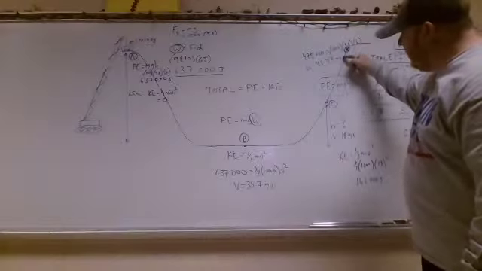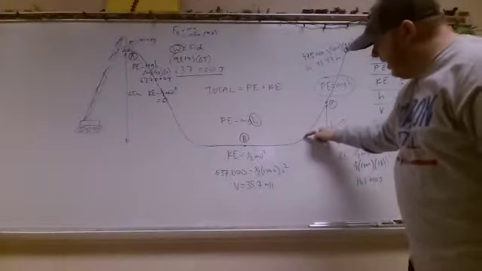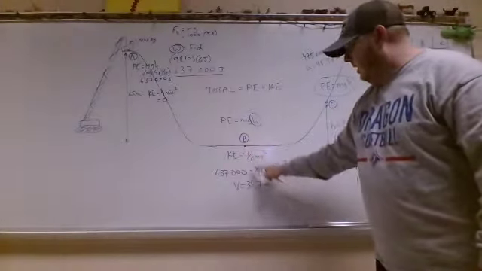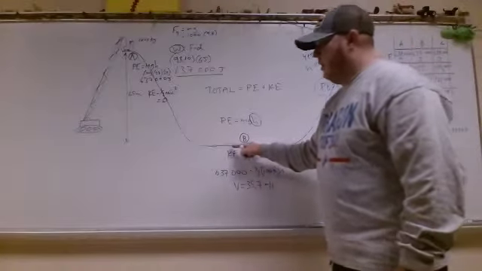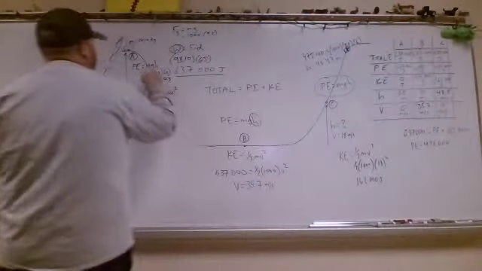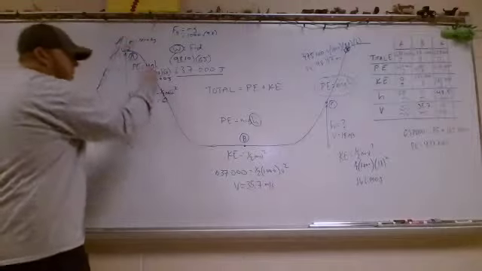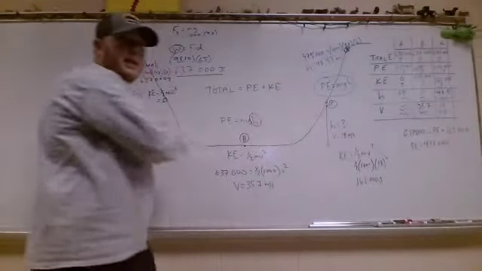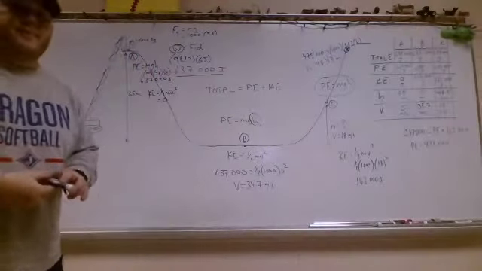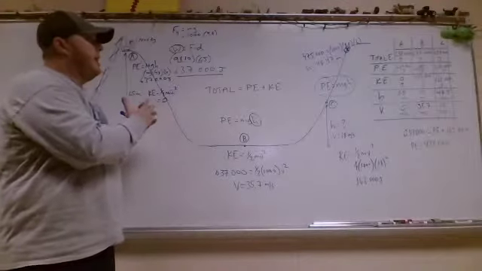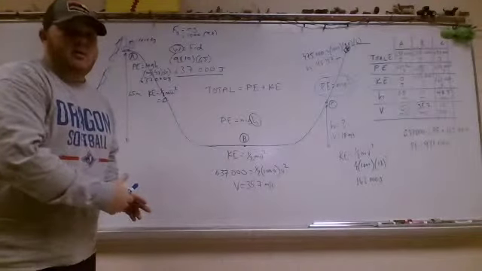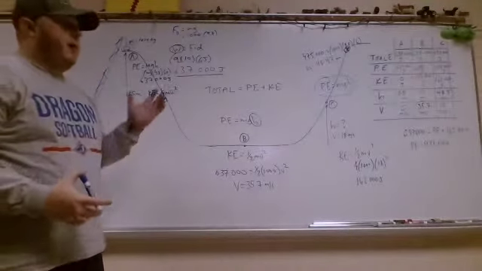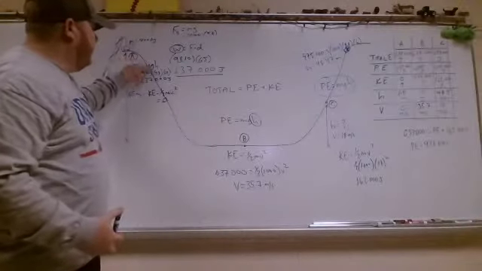And then it's going to roll back down, where it's going to pick up speed, get up to this speed right here at 35.7, get slower as it goes up, stop, come back down, and just kind of repeat that pattern forever, if the track is frictionless. We know that doesn't happen in real life. We have friction going on, so it dampens a little bit.